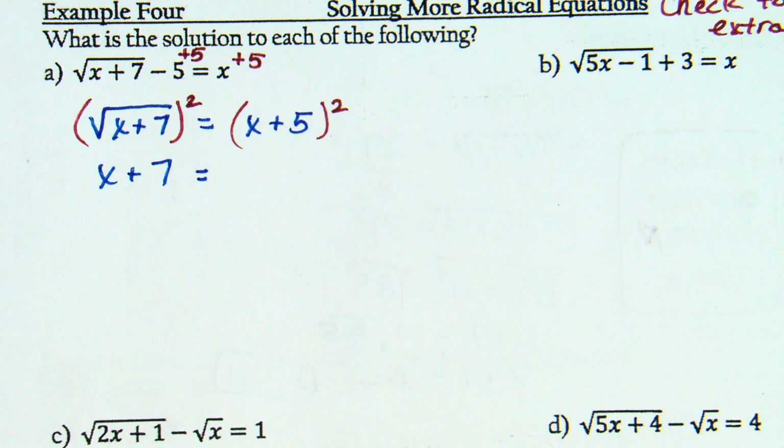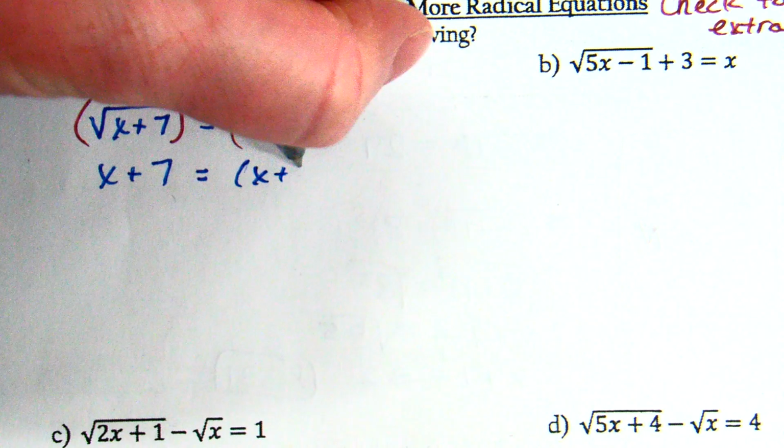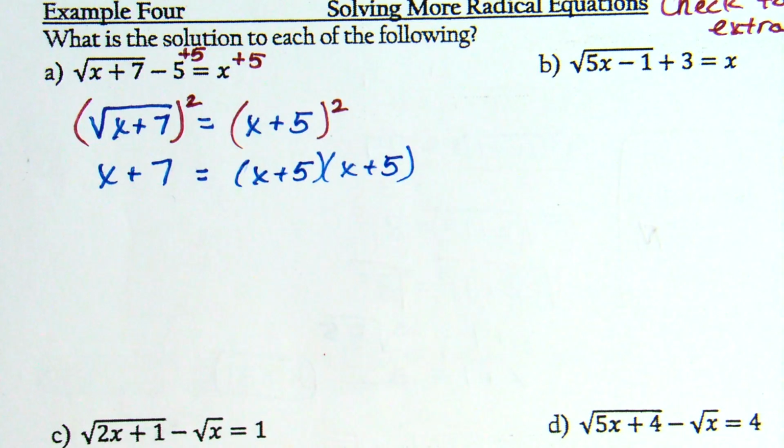Man. Okay, so let me do this as a hint. And yes, Carolyn, you're on the right track. x plus 5 squared means x plus 5 times x plus 5. How do we multiply x plus 5 times x plus 5? FOIL. So it's not just x squared plus 25. There is a middle term in there.